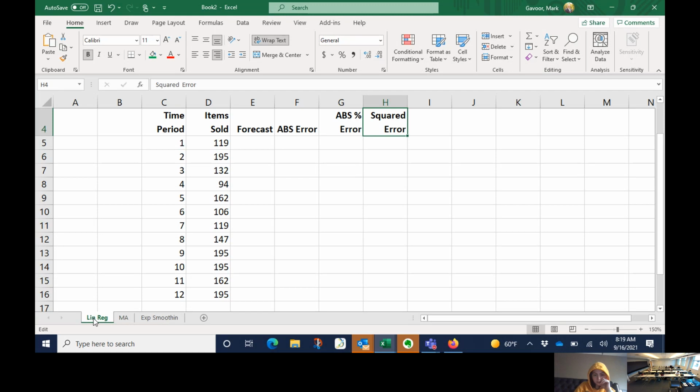Well, first of all, highlight the time period and the item sold. All the way down. Now you're saying I want to graph that. Okay. And say insert. It does look different.